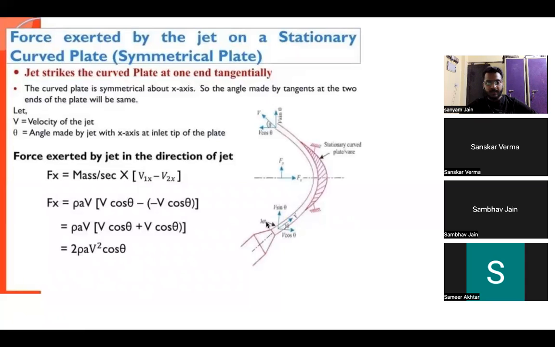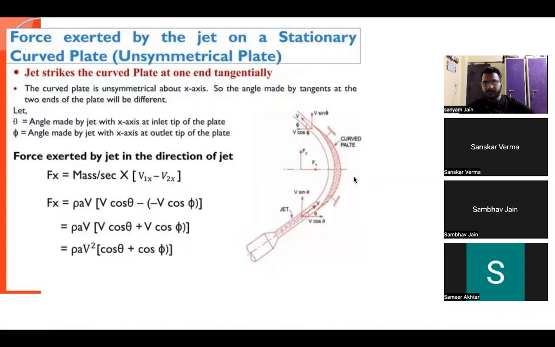So here we simply take the direction of the initial velocity as v cos theta, and the final velocity is in the opposite direction, minus v cos theta, and the mass striking is rho a v. So putting it there, minus minus becomes plus, and v comes out common, and 2 rho a v square cos theta is the force exerted by the jet in the x direction of this plate.